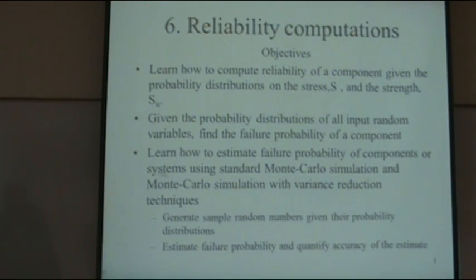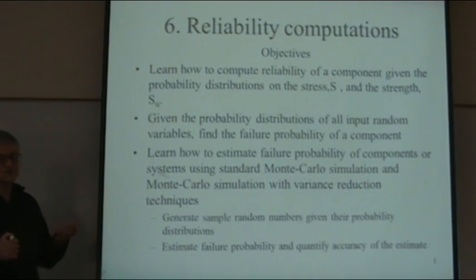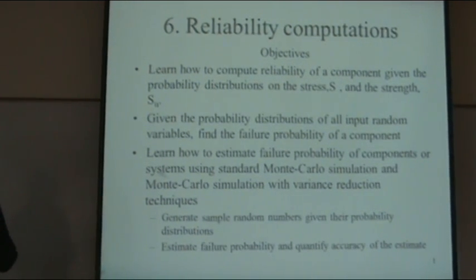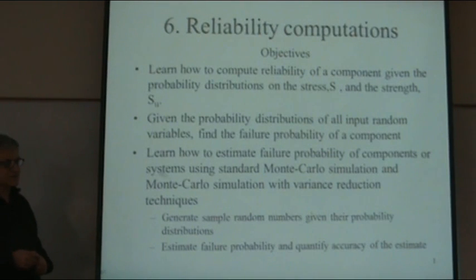Now, when you use Monte Carlo simulation, it's important to quantify the accuracy of your estimates. So you get a probability of failure, which is an observed relative frequency of failure. But that's not sufficient. You have to know also how accurate this estimate is.